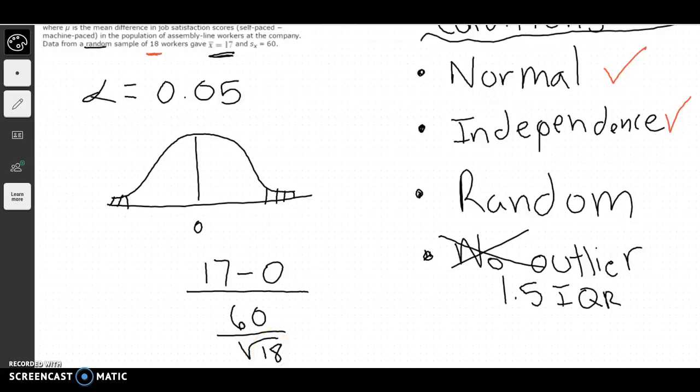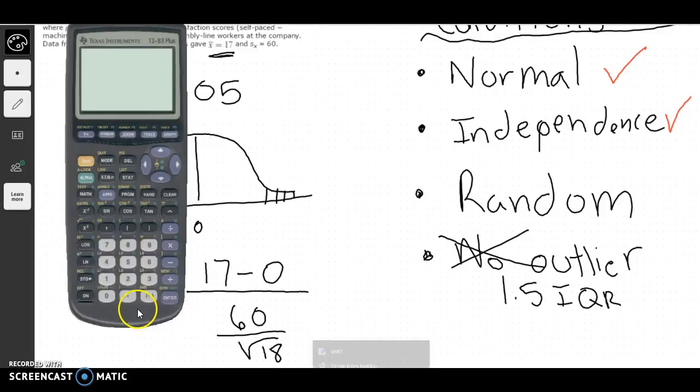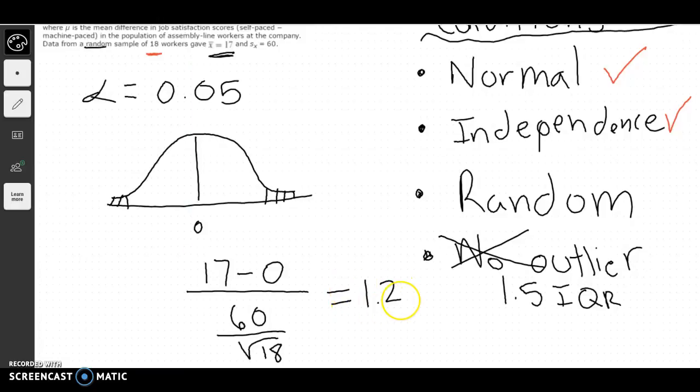We throw that into our calculator: 60 divided by the square root of 18, then 17 divided by that answer. So our statistic here is 1.2.